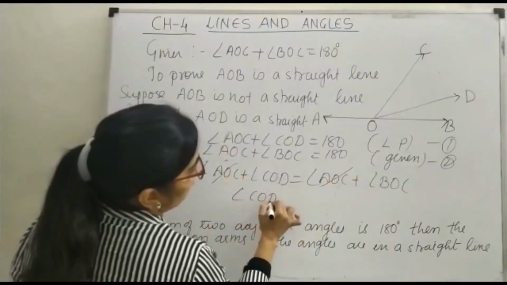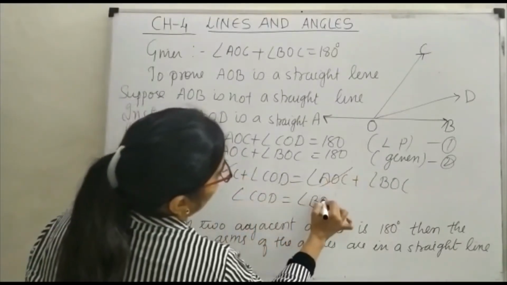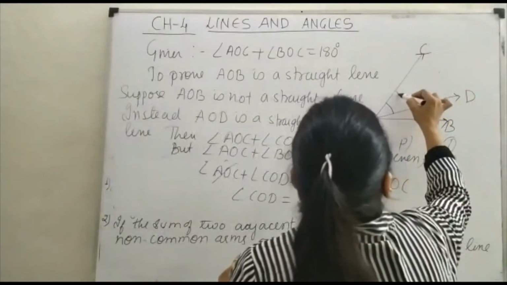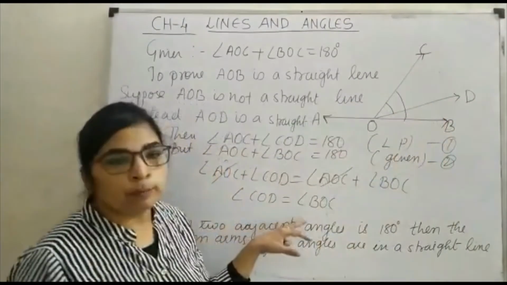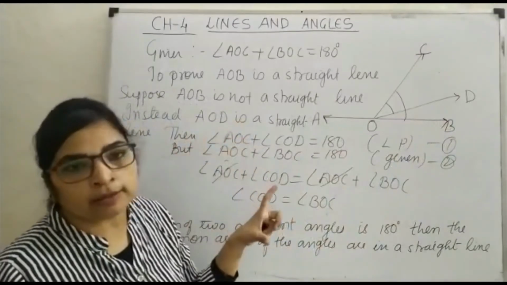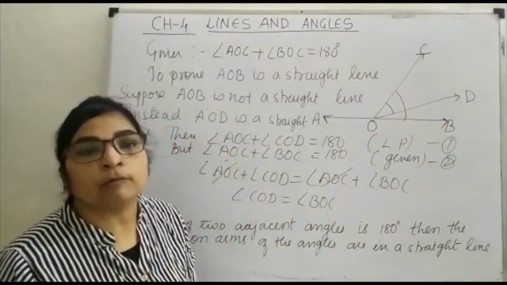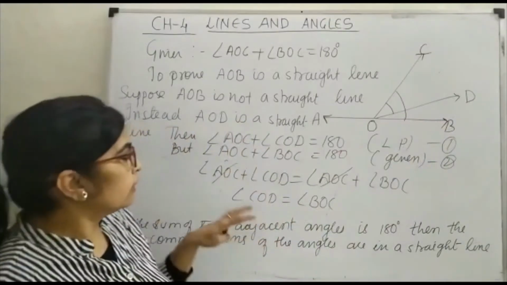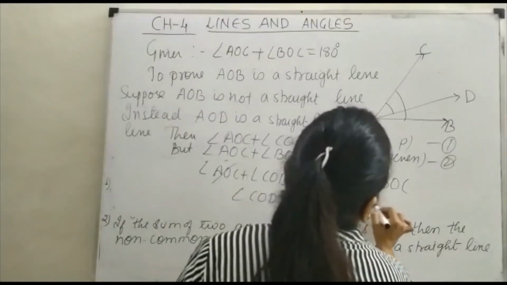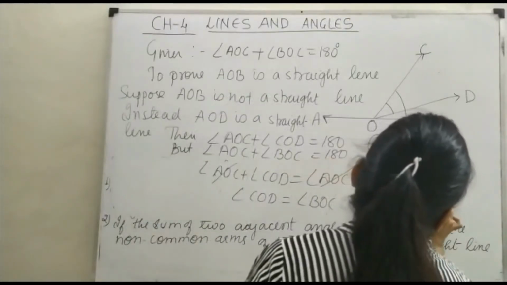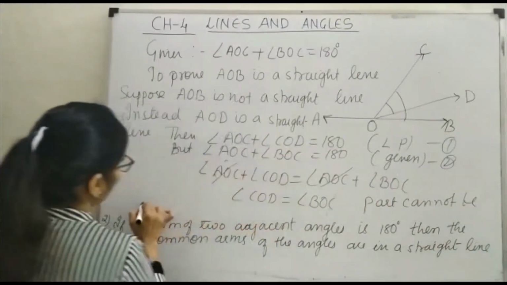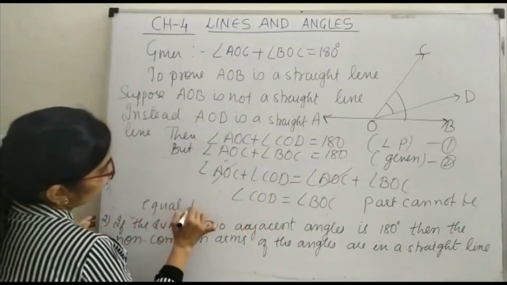Angle COD is equal to angle BOC. Now COD is equal to BOC, which is not possible, because COD is only a portion and BOC is the whole angle. Your part cannot be equal to the whole, as per Euclid. So you will write: part cannot be equal to whole.